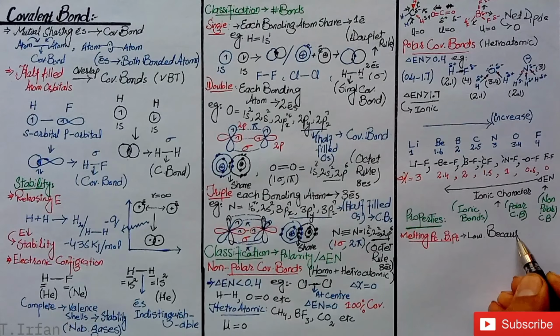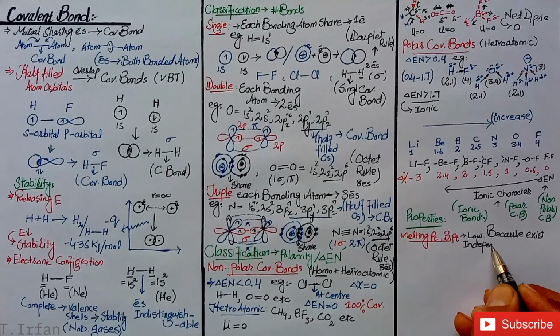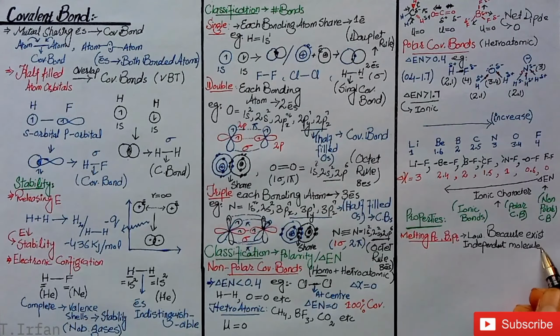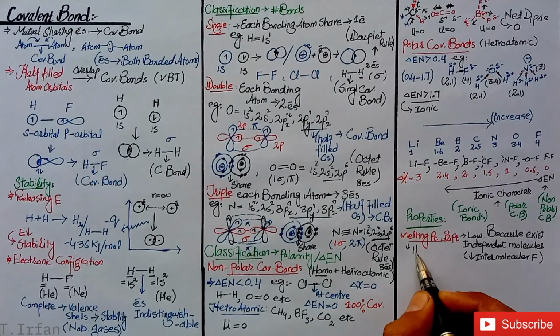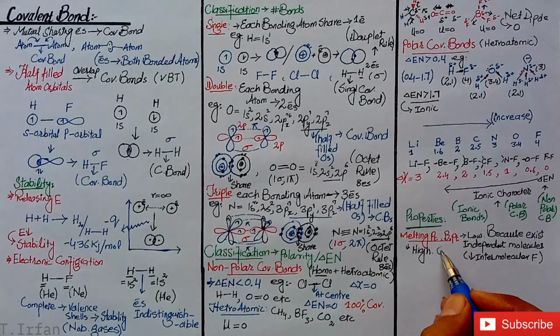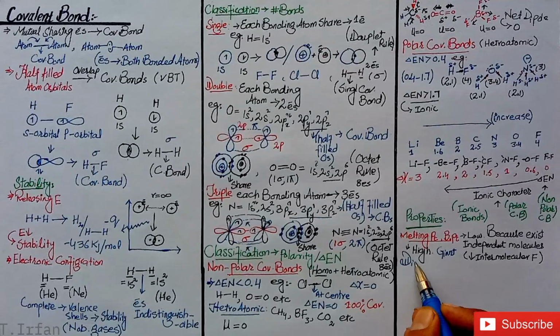This is because, unlike ionic compounds which exist in huge crystals, these compounds exist in the form of molecules and have low intermolecular forces. So these molecules or compounds have low melting points as well as boiling points. On the other hand, there are giant molecules which have covalent bonds and have high melting points as well as boiling points, like diamond.